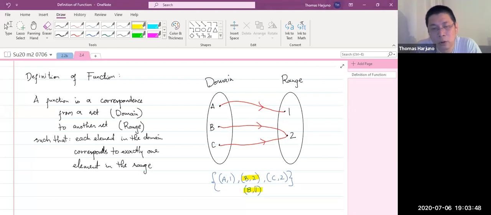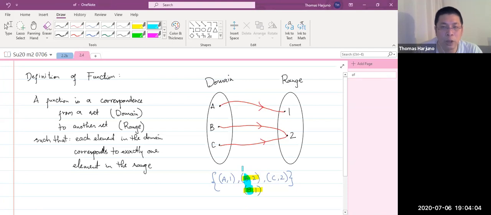If you have the same starting point B but it lands on 2 and 1 in the range, it makes it not a function anymore.